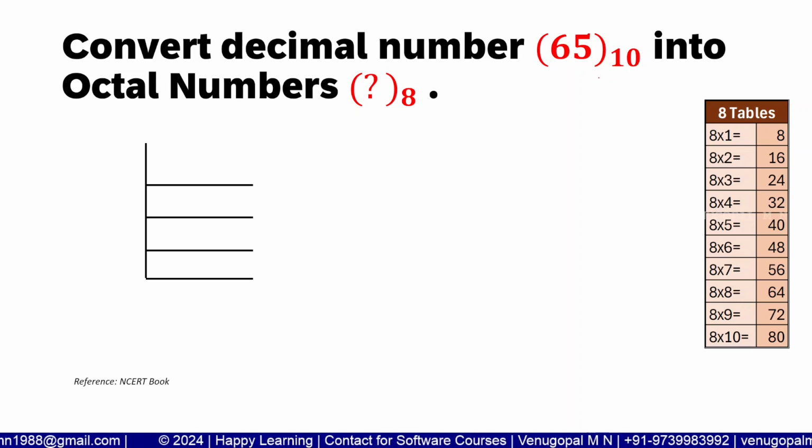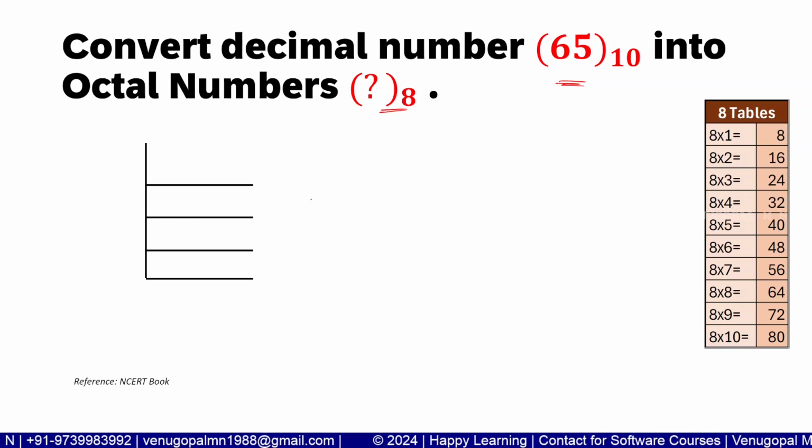If you see over here, we have 65, the decimal number that has been given. We have to convert this 65 into the equivalent octal value, base 8 value. So let us start our process. On the right hand side, for your better understanding, I have also given the 8 table, so that you will be able to find out the remainder easily for learning purpose.